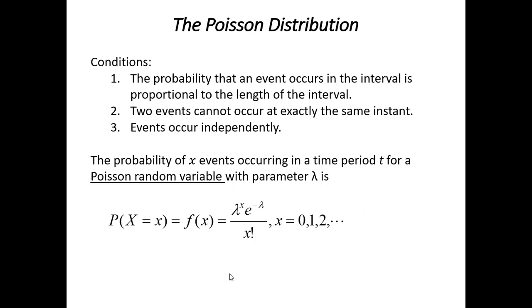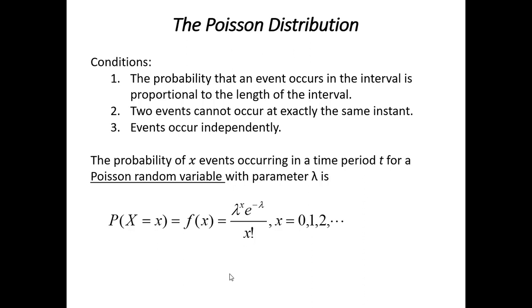And the third is that the events occur independently. When these conditions are satisfied, the probability of x events occurring in a time period t is called a Poisson random variable with parameter lambda.